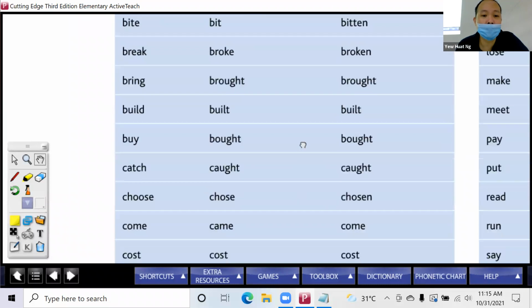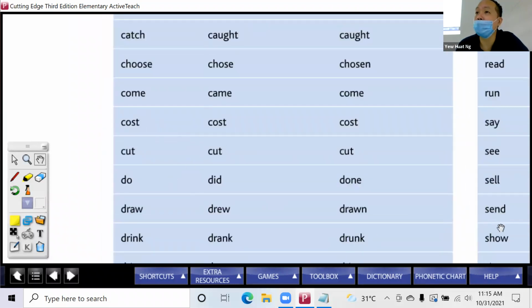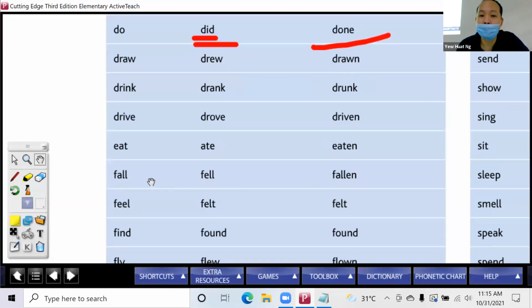Look, so let's see my do, A, B, C, D, do, did, done. Can you see? So 做已经做了，做了，已经做了。Do, did, done. Drink, drank, drunk. 喝了，已经喝了。Eat, ate, eaten. 吃了，已经吃了。Can you see this?